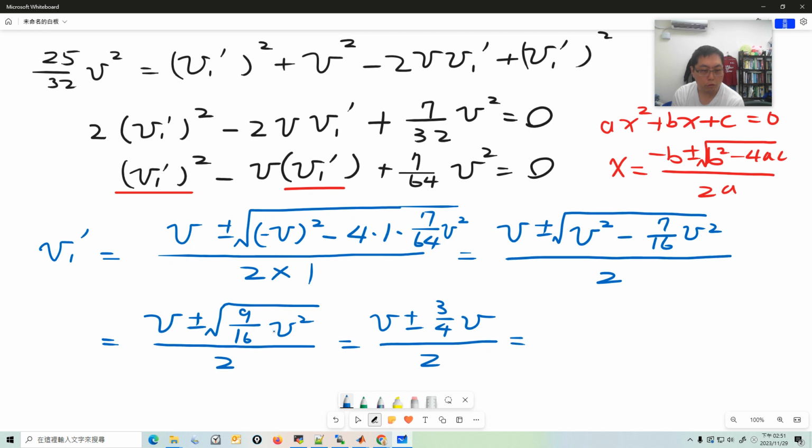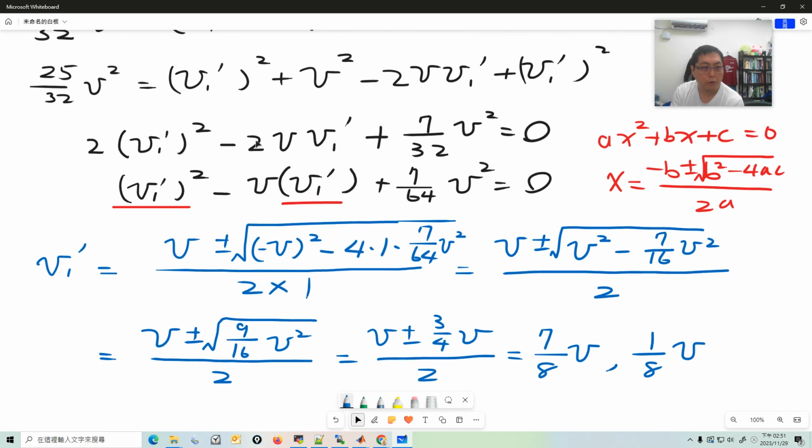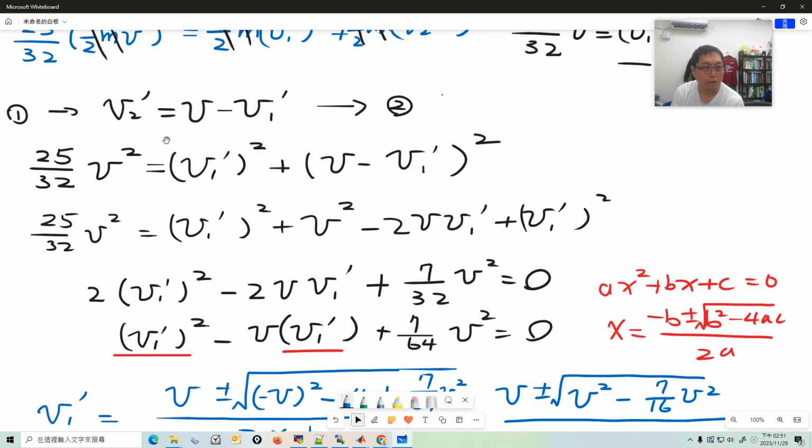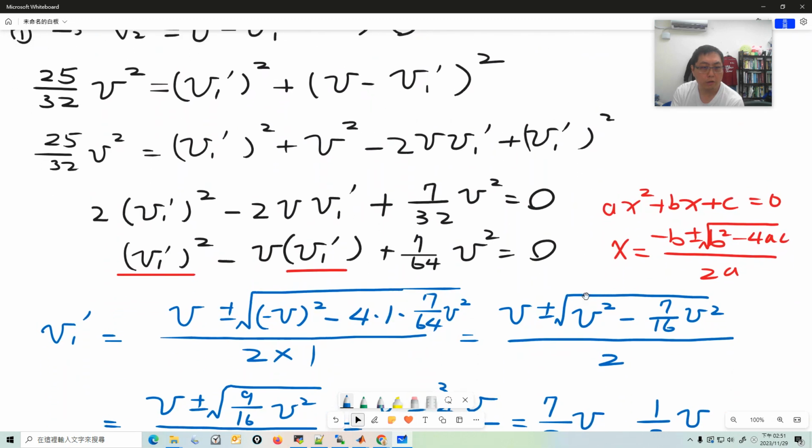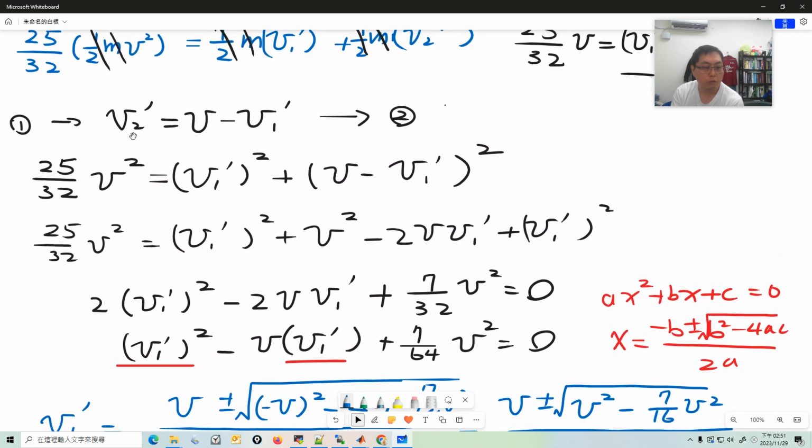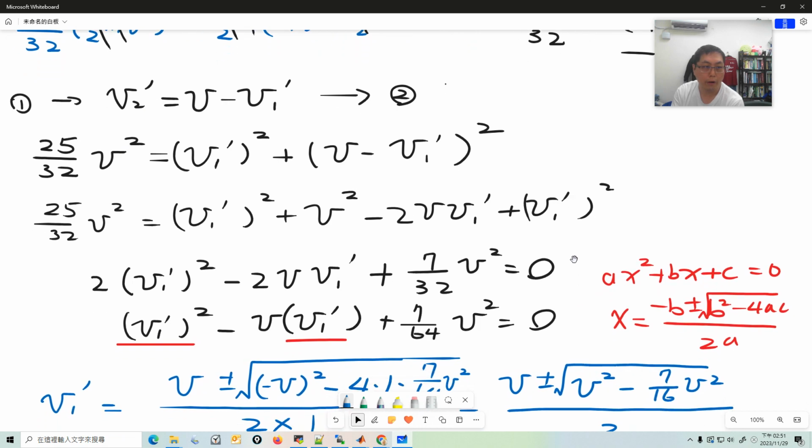So we have two solutions. With the plus, one solution is 7 over 8 v. The other solution is 1 over 8 v. That's our v1 prime. Previously we had v2 prime equal to v minus v1 prime.